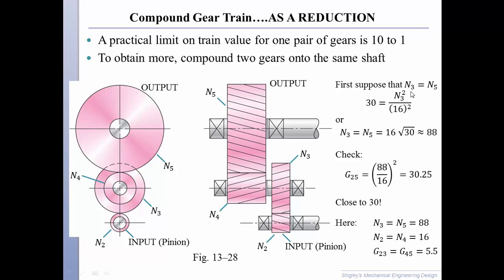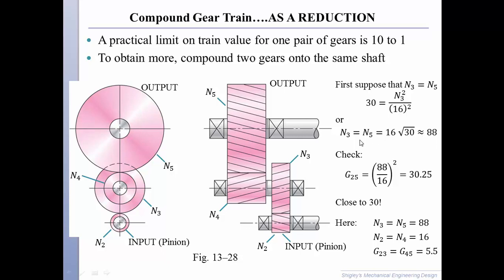So if we were to say, hey, what if N3 equals N5, you would get something that looks like this, and you could actually solve it. You'd get 16 times the square root of 30, which is 87 and some change. You could round it up to 88.